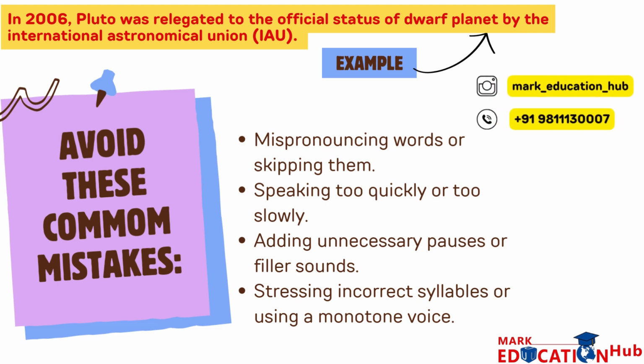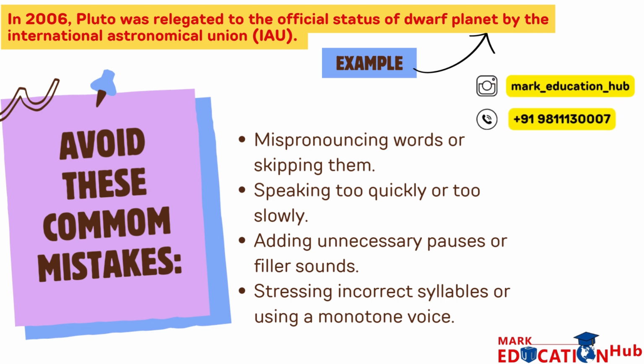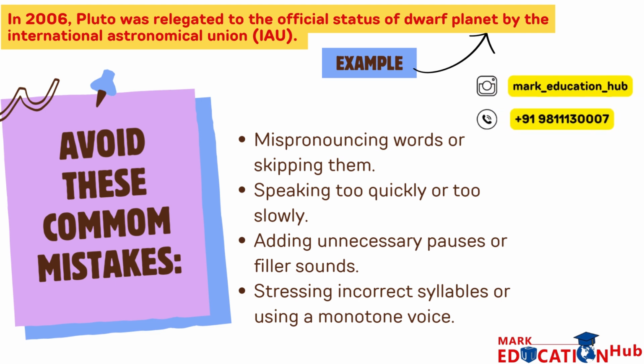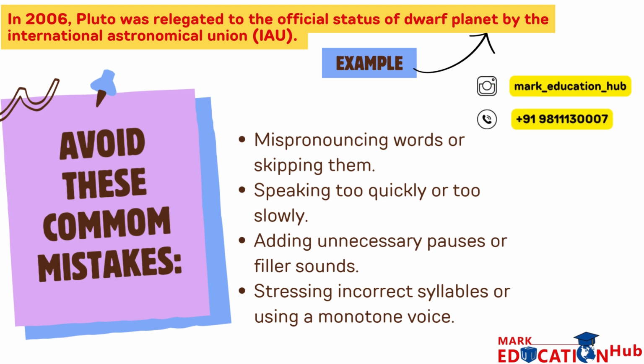Now, talking about stressing incorrect syllables or using a monotone voice. It means that you should not stress on every other word and your tone should be fluent and should not be monotonous. For example, if I talk about the above sentence, I should only stress on the words such as 2006, Pluto, official status, and International Astronomical Union, as all these words are examples of nouns.